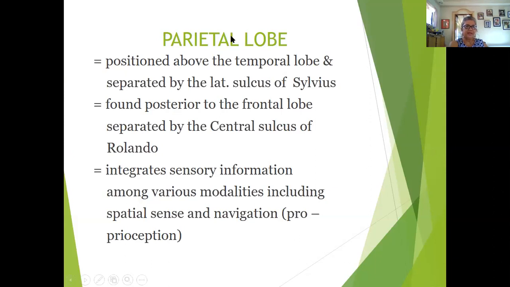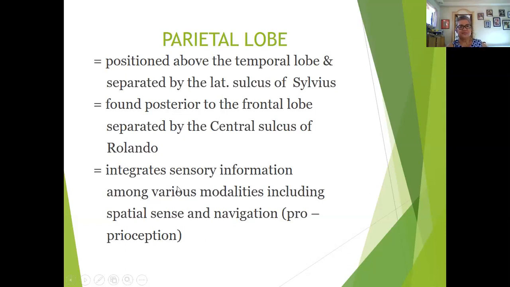So your parietal lobe will be superior to your temporal lobe, and in between them you will have the lateral sulcus of Sylvius. This is found posterior to the frontal lobe, separated by the central sulcus of Rolando. So anterior to the central sulcus of Rolando will be your frontal lobe, and posterior to that will be your parietal lobe.